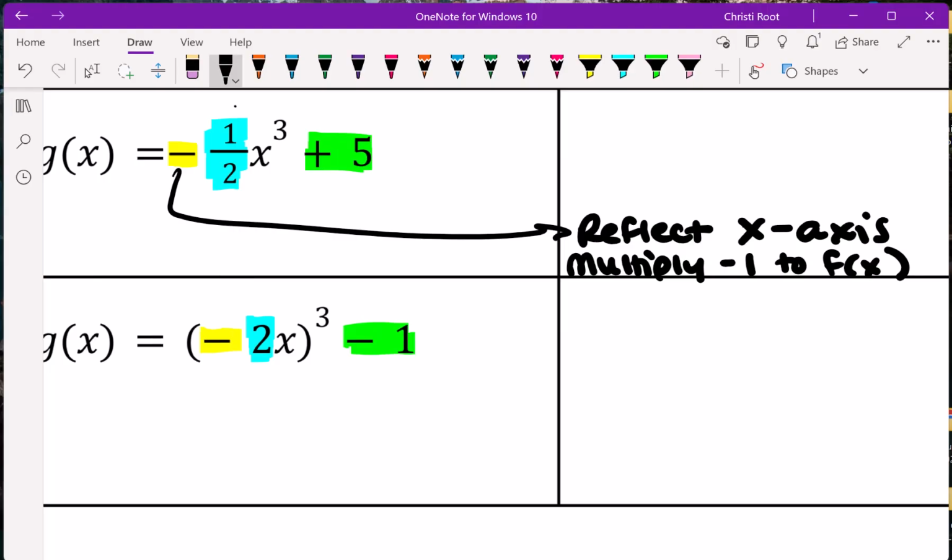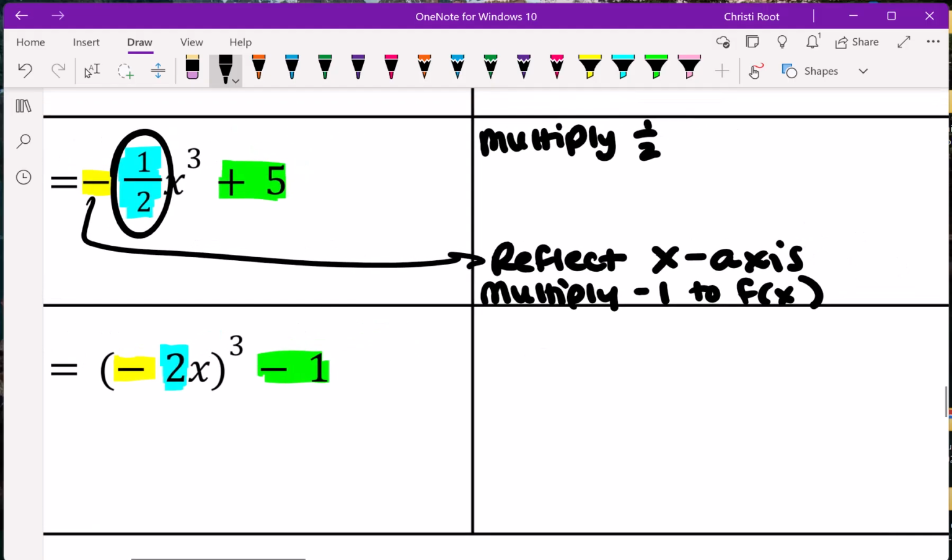Okay, this 1/2 right here, I'm multiplying 1/2. Am I multiplying it just to the x or to the entire function? It'll be the entire function. If it was just to x, it would look like this. It would look like 1/2 x wrapped in parentheses.